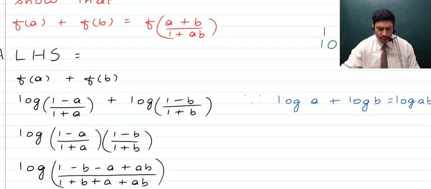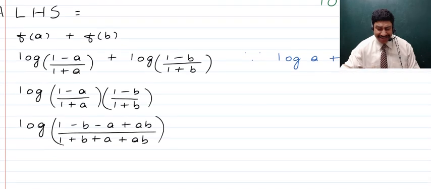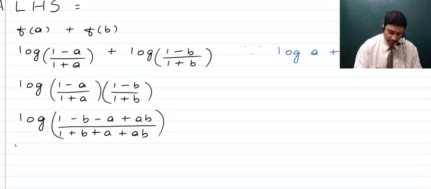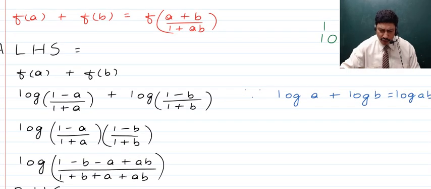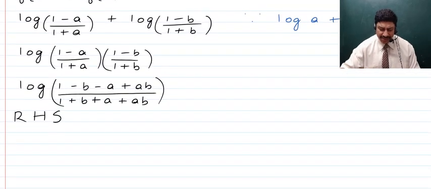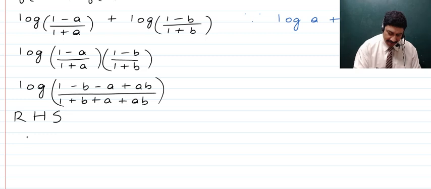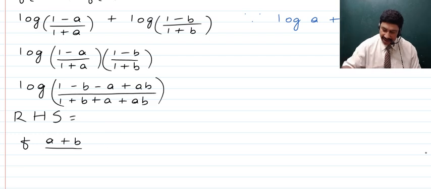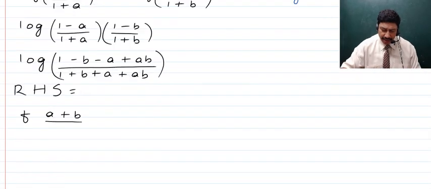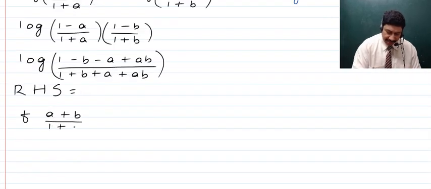Now we've got to move over to the right hand side and try proving it equal to the left hand side. When we talk about the right hand side, children, this is f of a constant which is a plus b upon 1 plus ab. So we've got to prove this equal to f of a plus b divided by 1 plus ab.